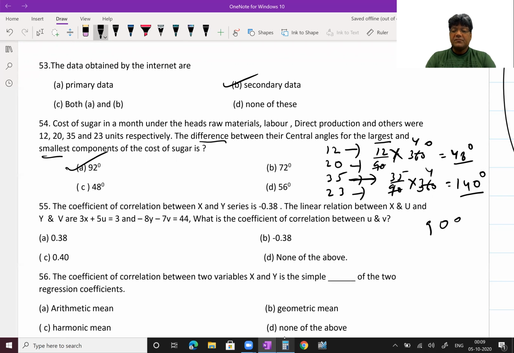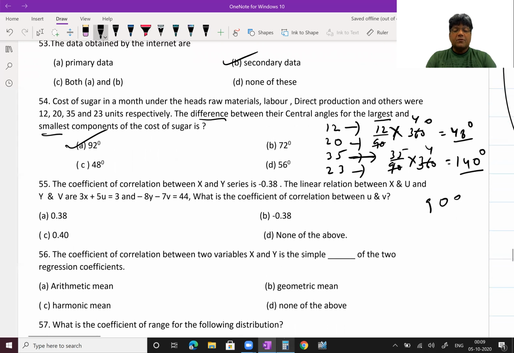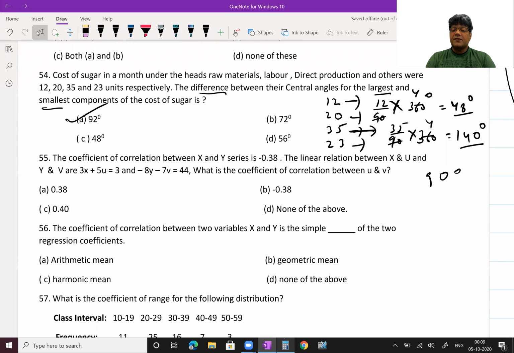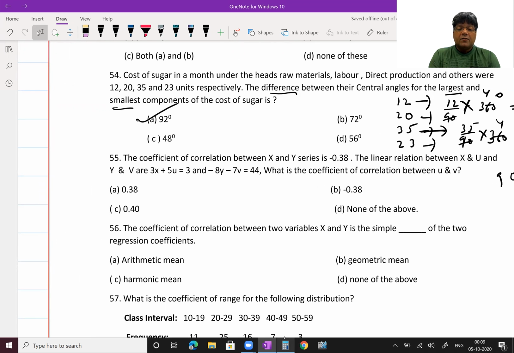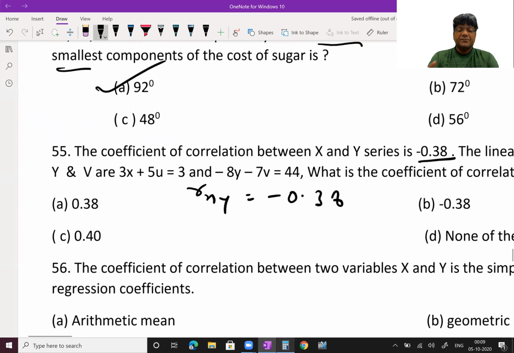Next question: the coefficient of correlation between x and y is minus 0.38. Guys, very easy question. Look here. So r xy is equal to minus 0.38. Now you remember that shortcut method I taught you.